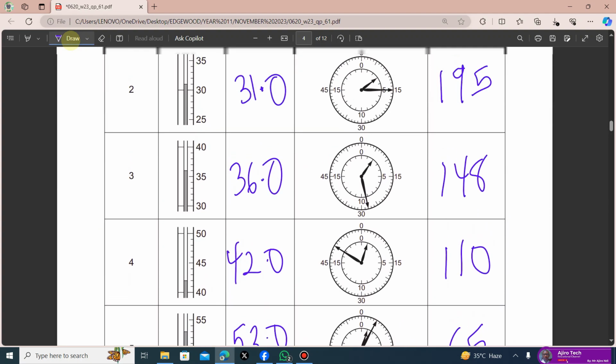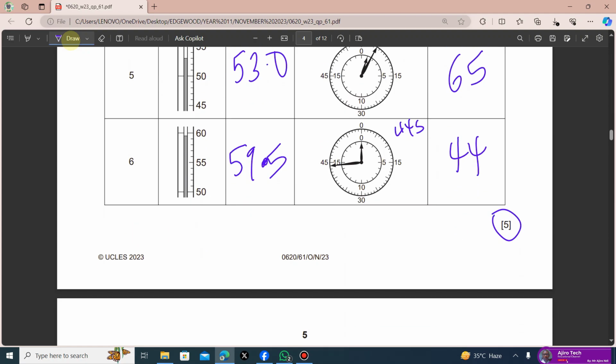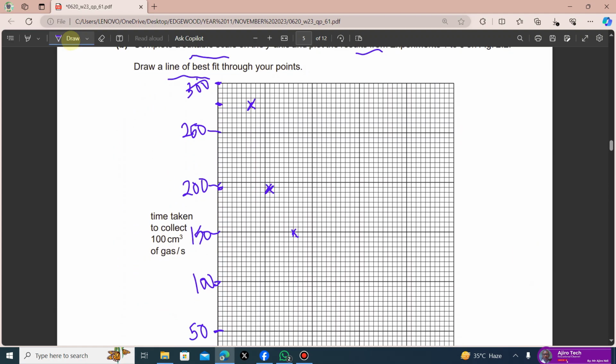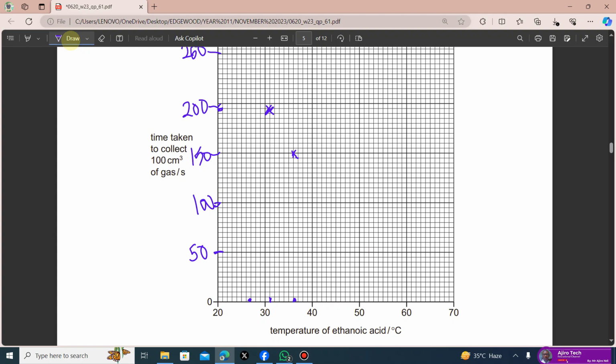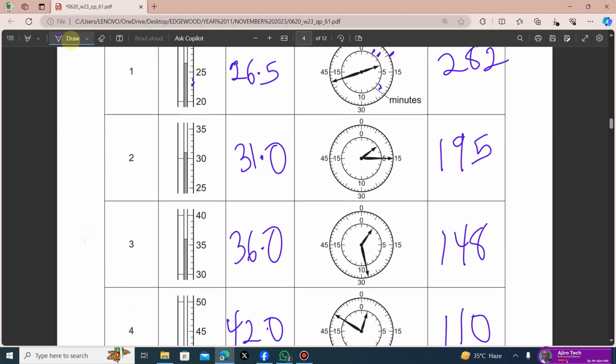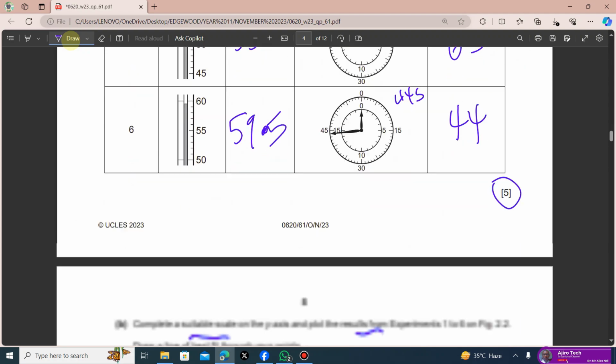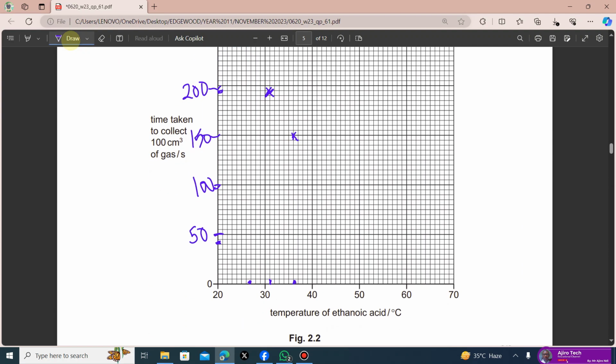Now we go to the next one, 42, 110. 42 is somewhere around the middle, if this is 45, so 42 should be around where we have 40 kind of. Let's look at the values again. 42 on the x-axis, 110 on the y-axis.